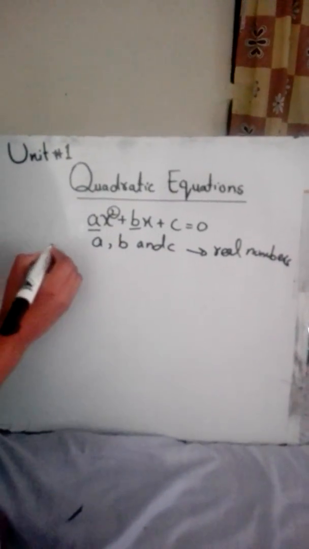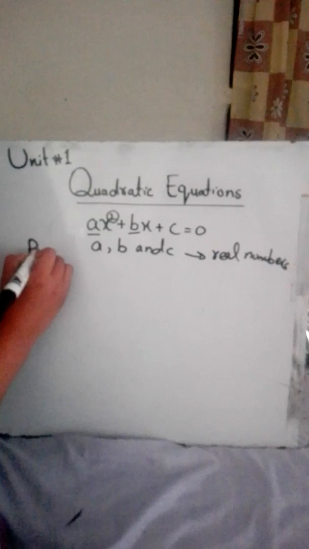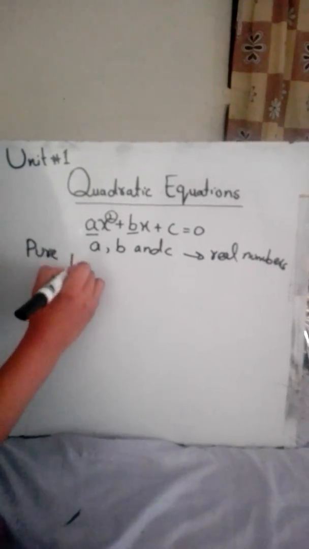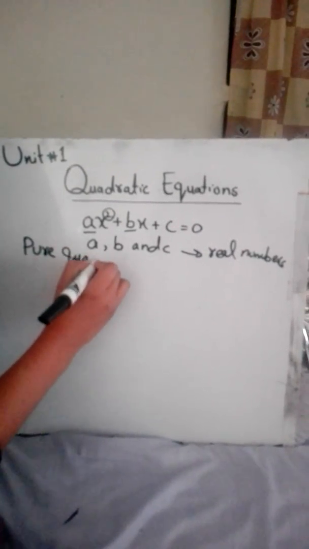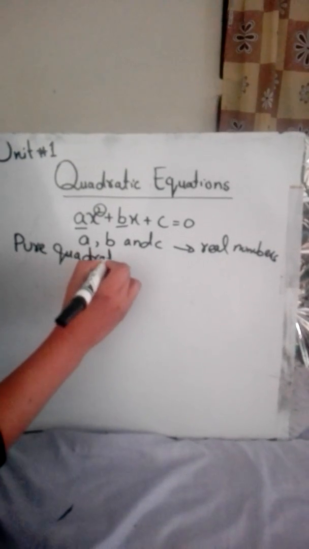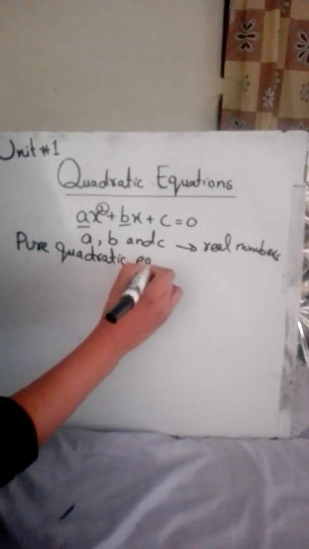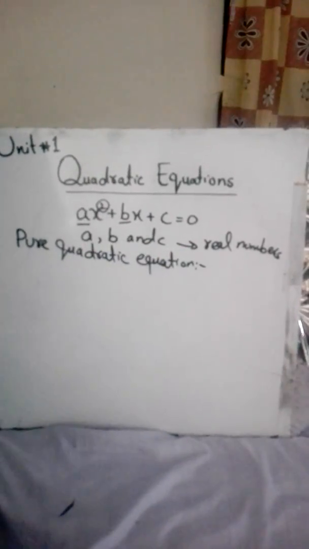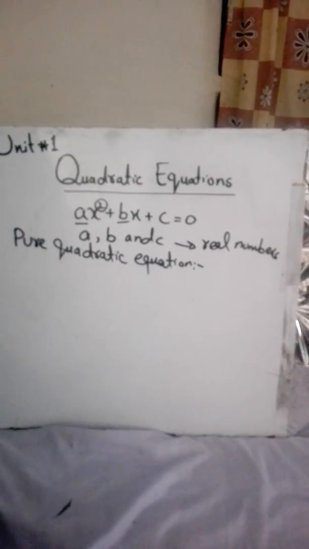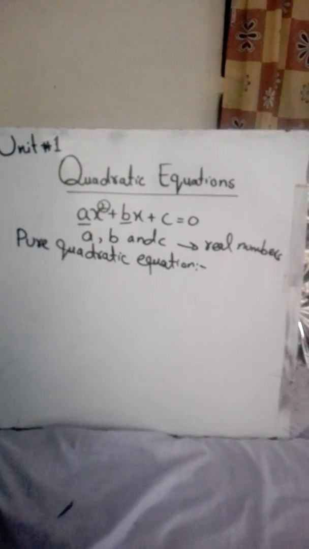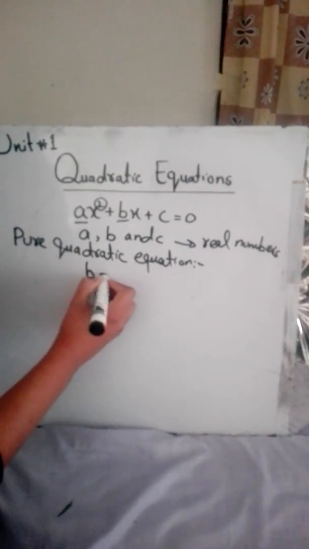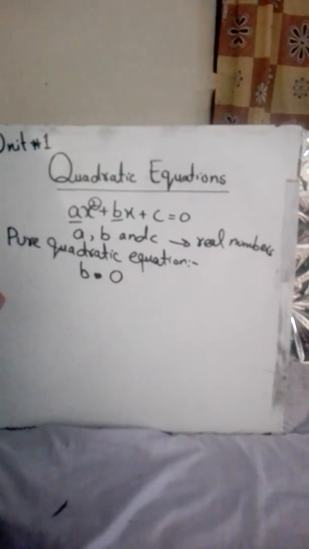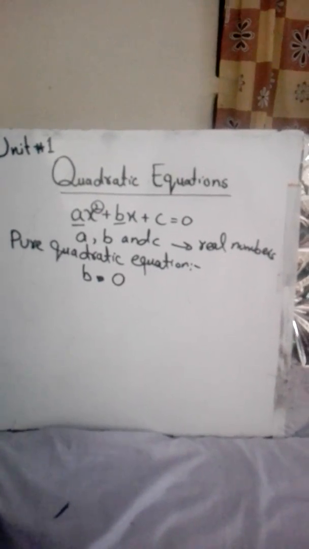The second one is pure quadratic equation. In pure quadratic equation, b must be equal to 0. If in an equation b is equal to 0, then it is called pure quadratic equation.